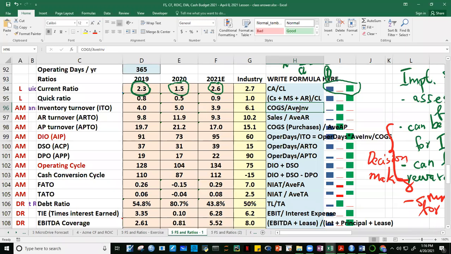For example, companies usually have figures at the end of the month. Then what you can do is average the 12 months to come up with your average inventory. Since we don't have the luxury of that data, then we can just use the beginning inventory and the ending inventory, get the average of the two.